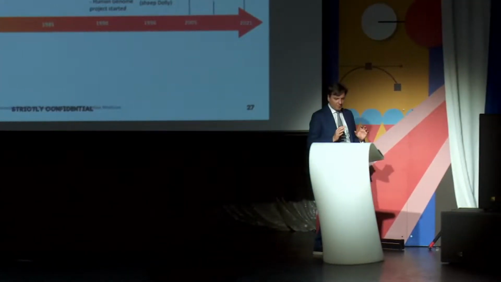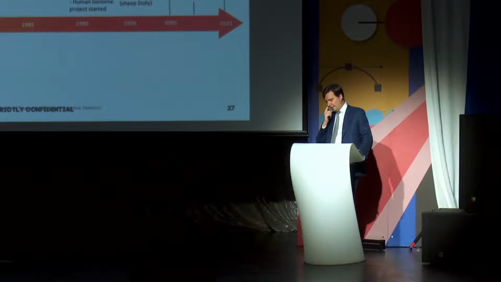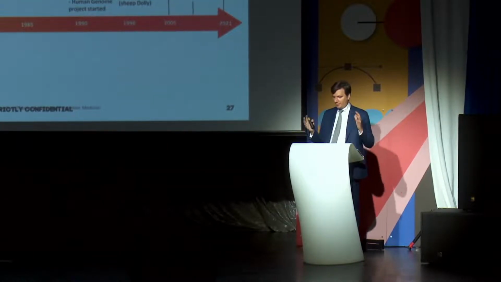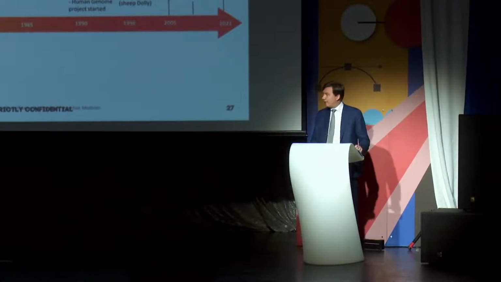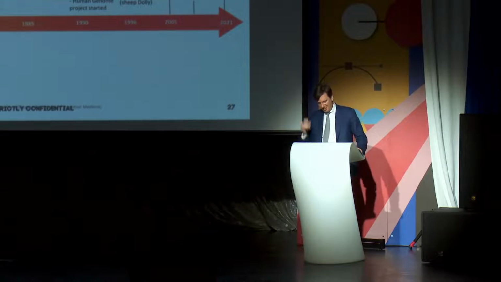So gene therapy research is a very long story, and of course there was some idea that there's some hereditary information in the DNA back in the 19th century. But this is just historical.